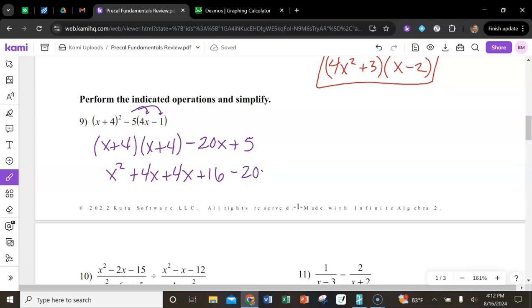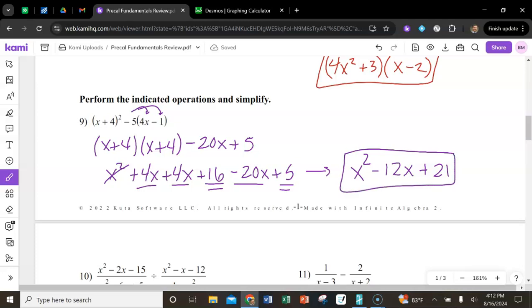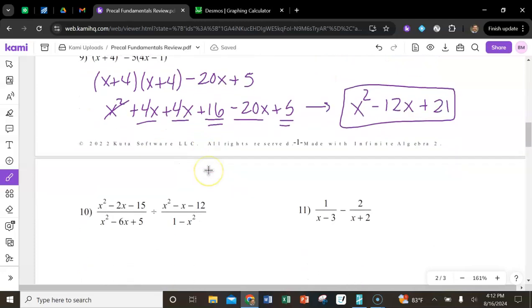I'll drop down the minus 20x and the plus 5. And then we just want to combine like terms. This is my only x squared. I've got 4 minus 20, so that's going to be negative 12x. And then I've got plus 16 plus 5, which is going to be plus 21, and that is going to be our final answer there.